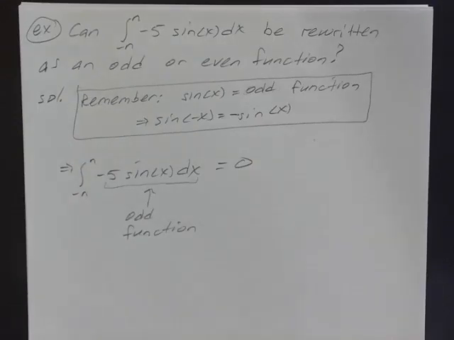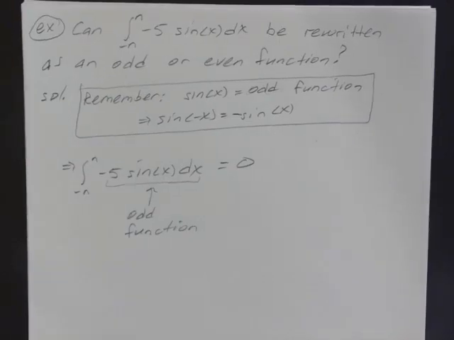Like I said before, for cosine, it's kind of showed each individual step. All right. So any questions on that one?